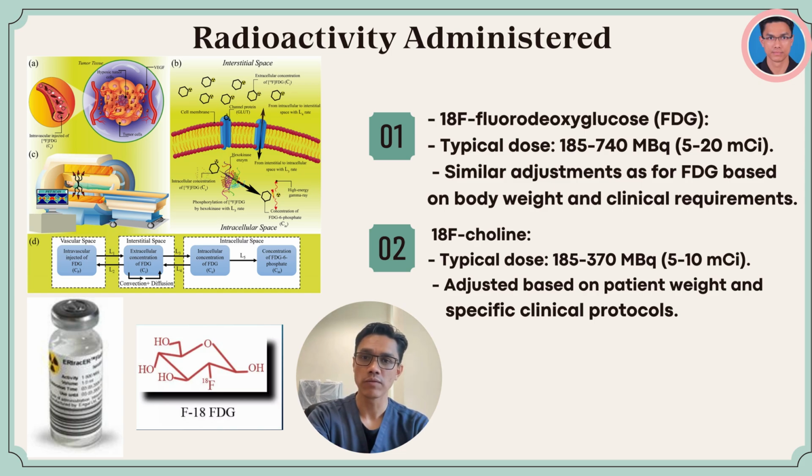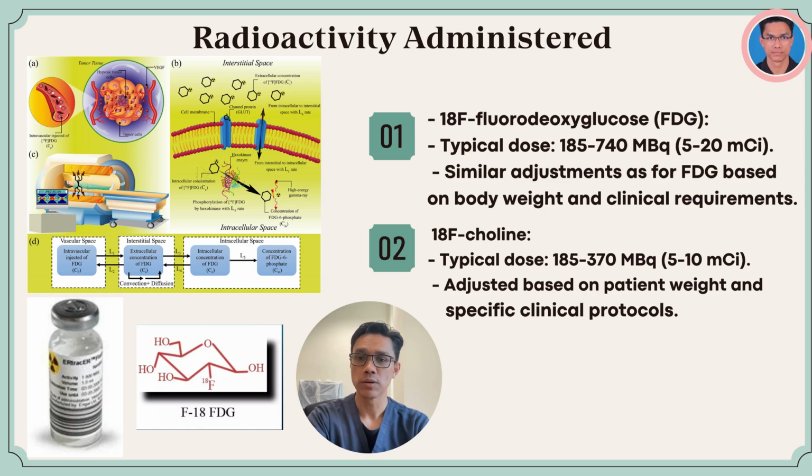For 18F FDG, the typical dose ranges from 185 to 740 megabecquerels, or 10 to 20 millicuries. This dose is chosen to ensure optimal imaging quality while minimizing radiation exposure to the patient. For 18F choline, the administered dose usually ranges from 185 to 370 megabecquerels, or 5 to 10 millicuries.